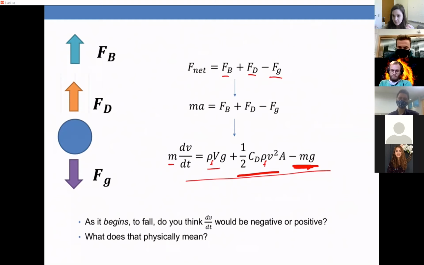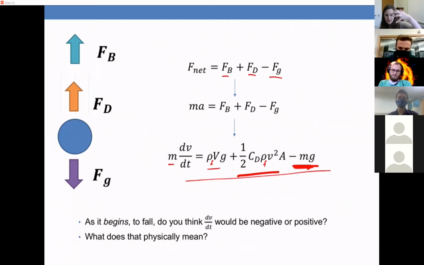Point is, right after you drop it, the weight is bigger than the drag force, but as the velocity gets more and more negative, it increases in the downward direction. What will happen to the drag force? It will increase. So as the drag force increases, it's going to start to cancel out the weight more and more.